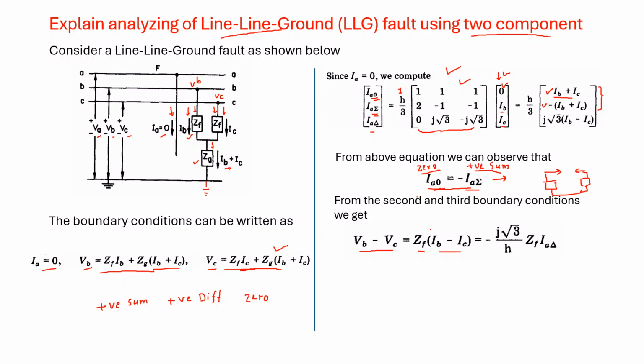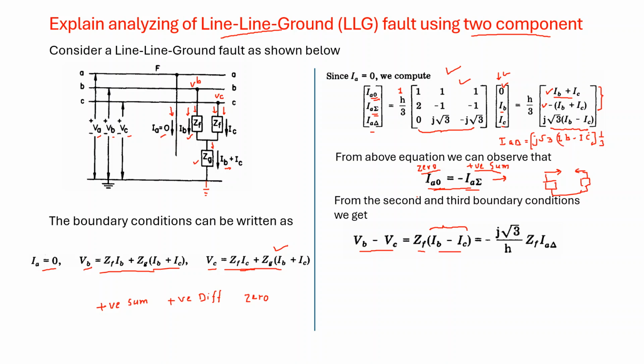But what is IB minus IC? So this is IB minus IC. You can see it from this equation here. You see here IA delta is equal to J root 3 into IB minus IC divided by 3.